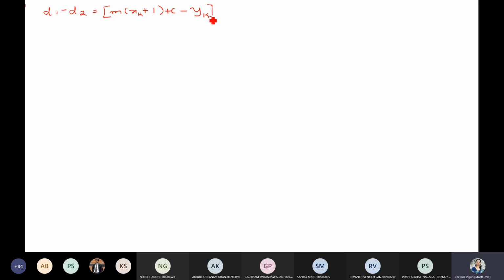This is our d1 minus d2, where d2 is yk plus 1 minus y. So what's our y? m(xk plus 1) plus c, but because I have a minus over here, it will become minus c. Is this equation clear?